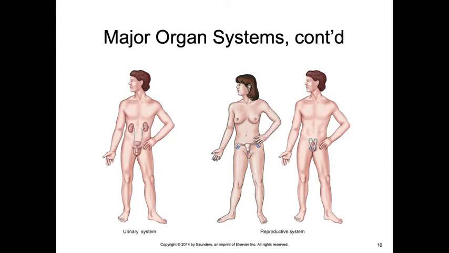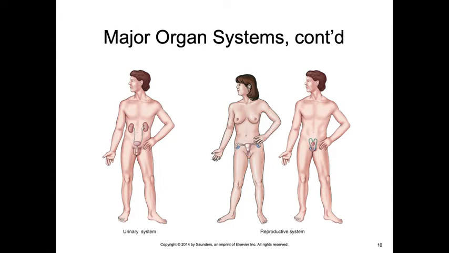And we wanted to point out that if one body system were to fail, the other body systems would likely also fail. An example would be we could take the digestive system, right? If you couldn't move food through the digestive system, like let's say your mouth was sewn shut. We'll take an extreme example.